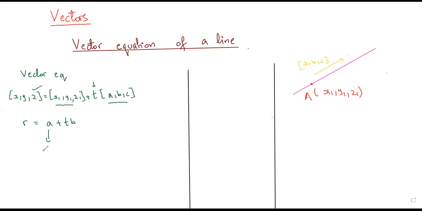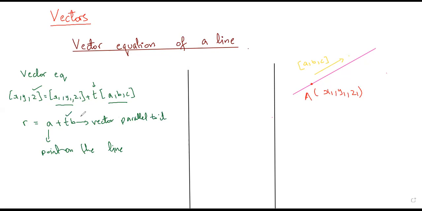A is basically the point on the line, and b is a vector parallel to it. Okay. Now this is the first and the most used version of the vector equation of a line, and t is a constant, right? t is a constant. Okay.